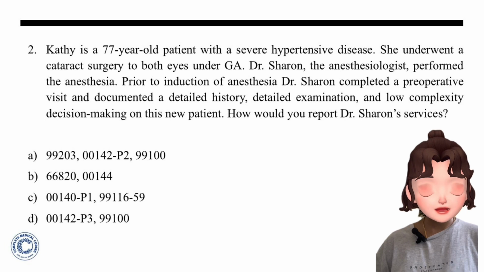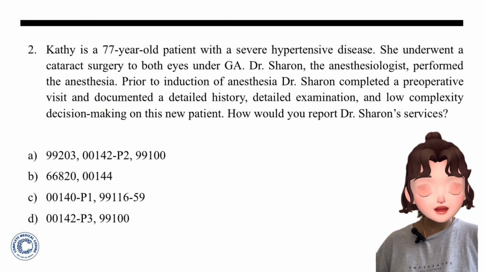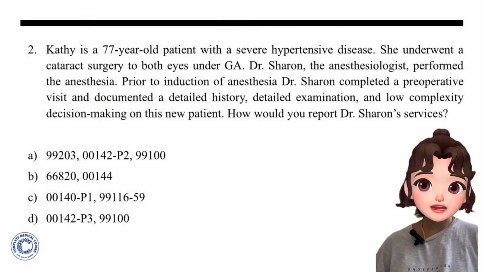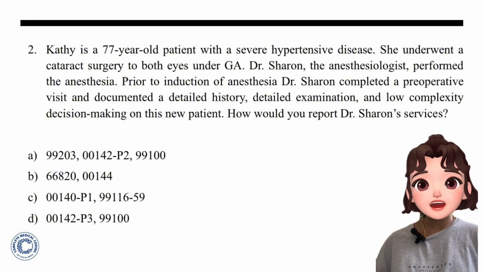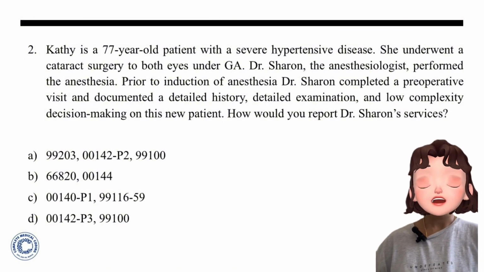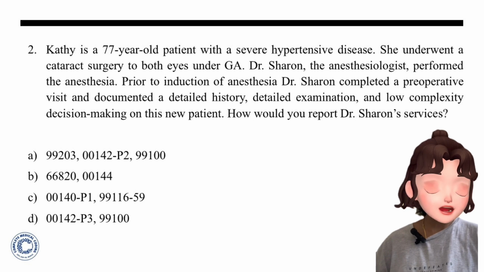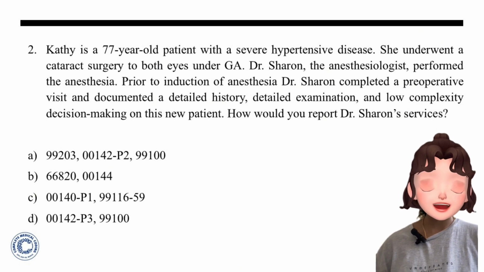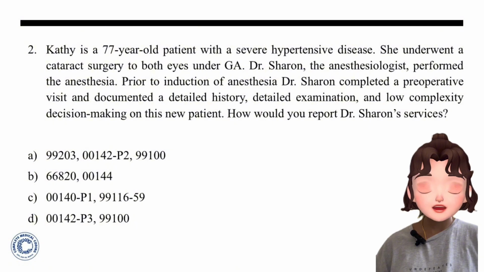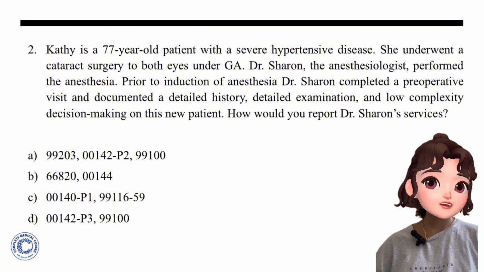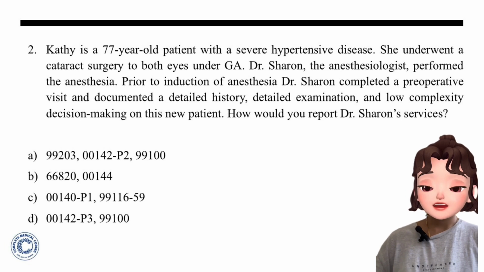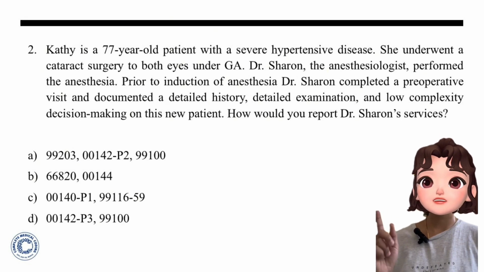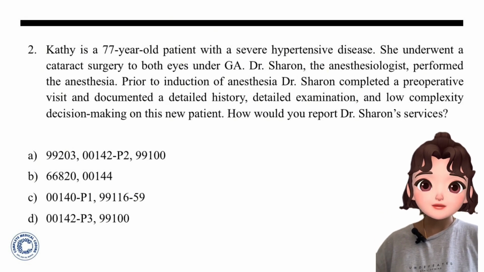And 00142 is anesthesia for procedures on eye, lens surgery. Yes, this is cataract surgery, which means surgery related to lens removal and replacement. So for cataract surgery anesthesia, you have to code the lens surgery code, which is 00142. So option C is wrong. You directly get the answer as option D, 00142, because 00142 is only in option D.